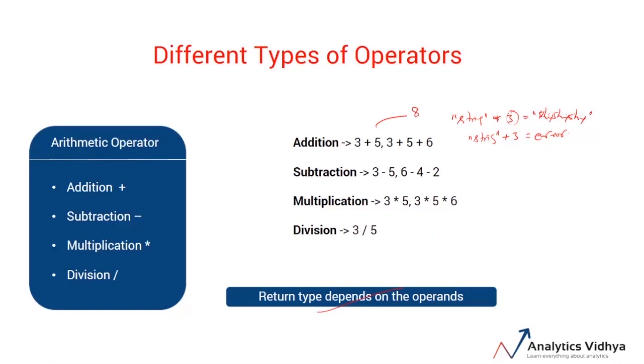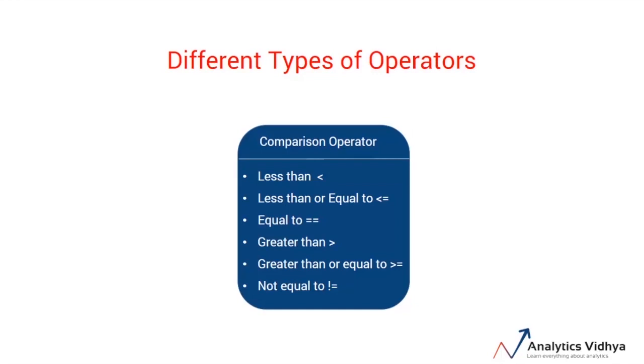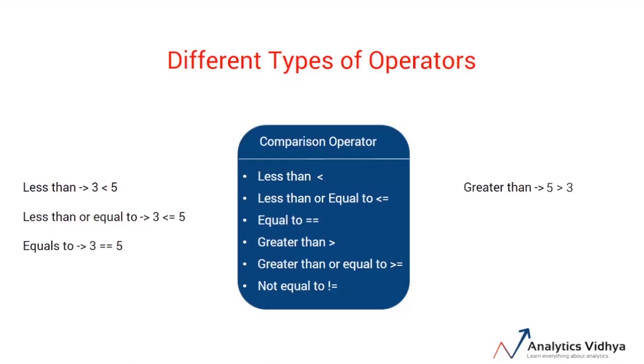Now let's move on to another type of operators, that is comparison operators. There are different kinds of comparison operators like less than operator, less than or equal to, greater than or equal to, and not equal to. So basically these comparison operators return an output based on one of these operators.